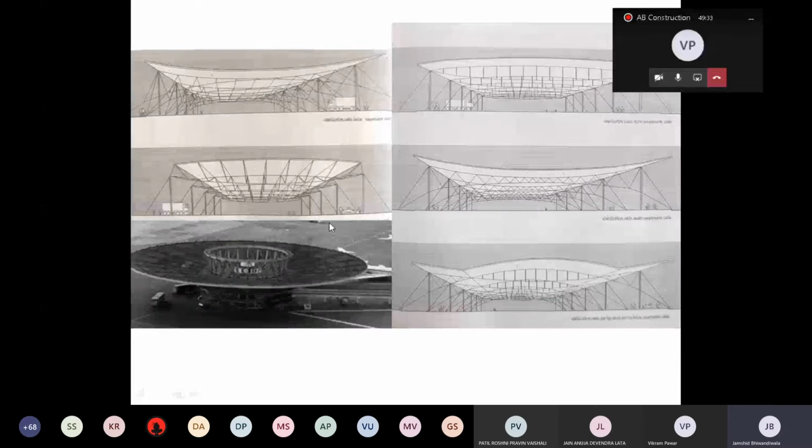Another couple of examples. So the first, to the right, is again on similar lines, using the idea of the bowstring truss, a bowstring girder using cables.